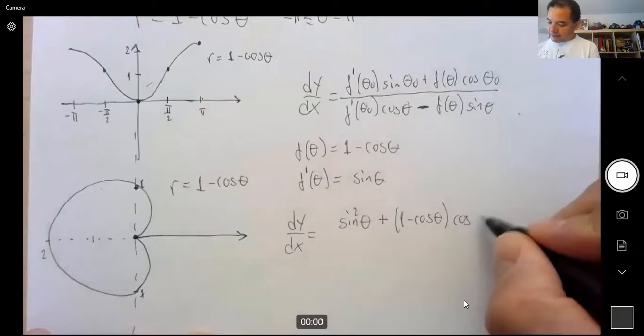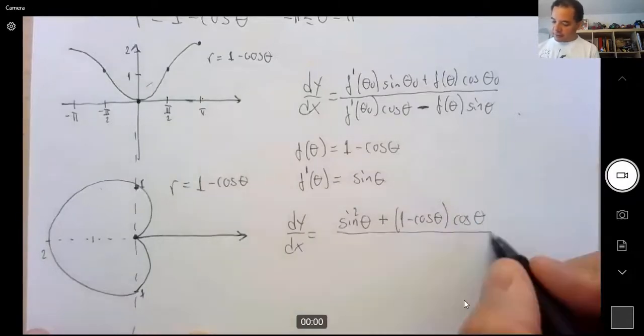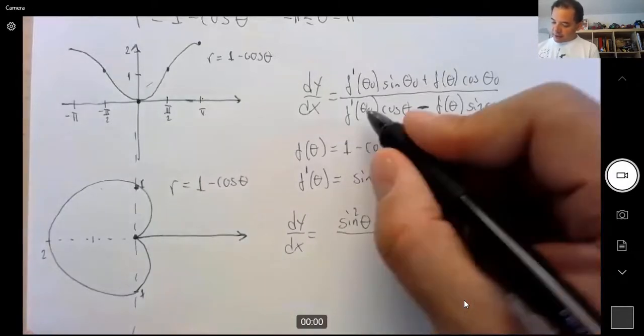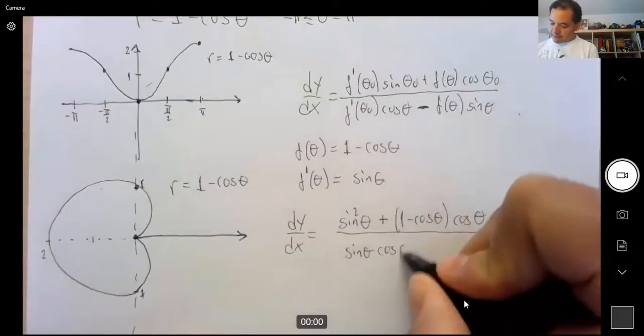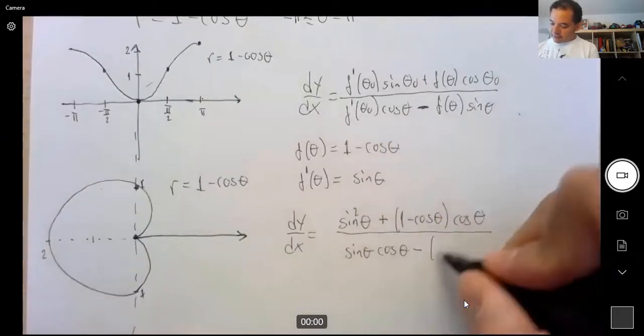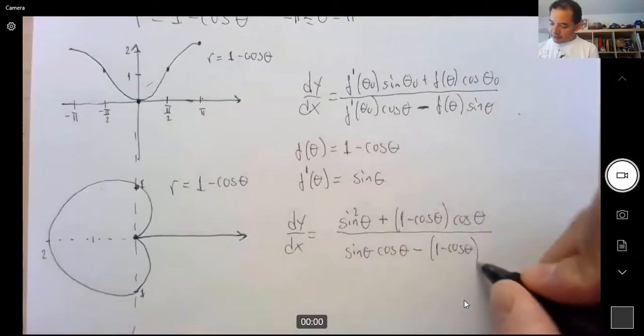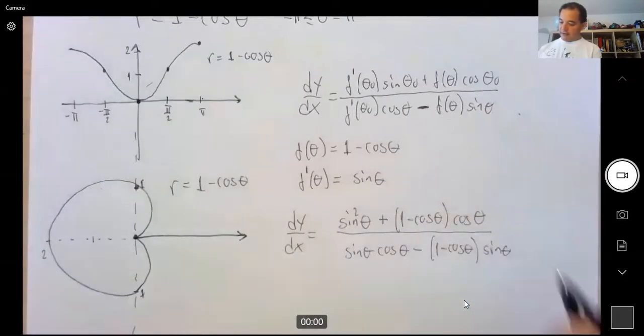I'm writing theta instead of theta 0 because it's simple. On the bottom, f prime is sine, times cosine, and over here is 1 minus cosine times sine.